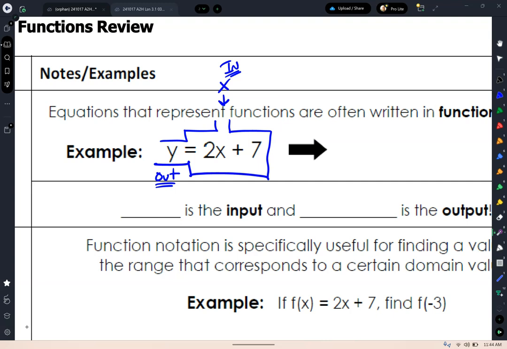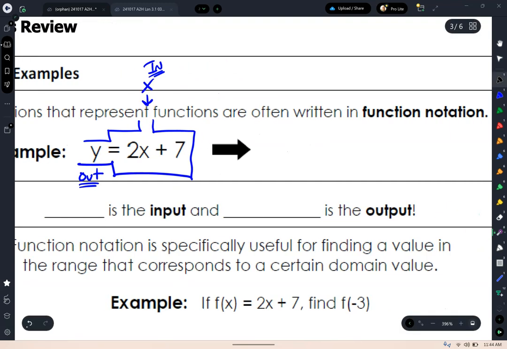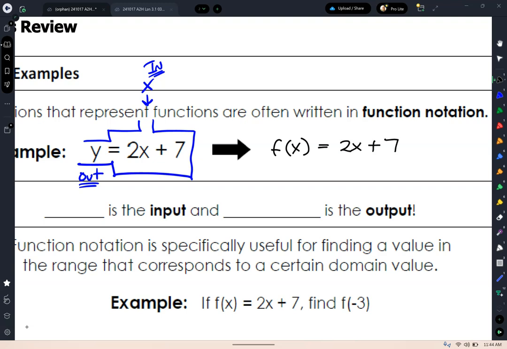Now, this is linear notation right here. Function notation is going to look like this. It is still the same machine.